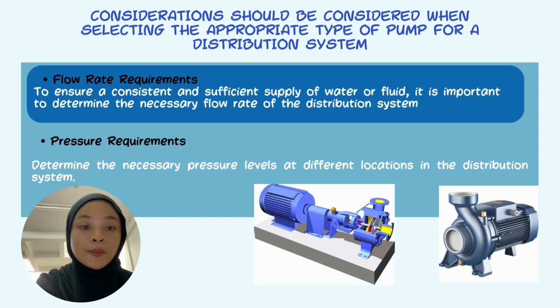The next is pressure requirements. So we need to determine the necessary pressure levels at different locations in the distribution system at the oil and gas industry. So we need to choose a pump that can generate the required pressure in order to meet the system needs.